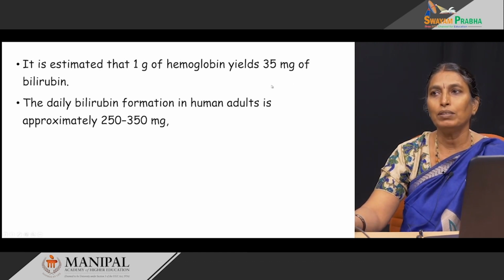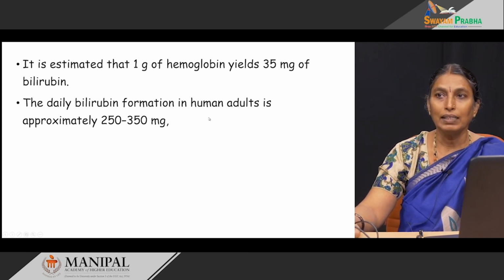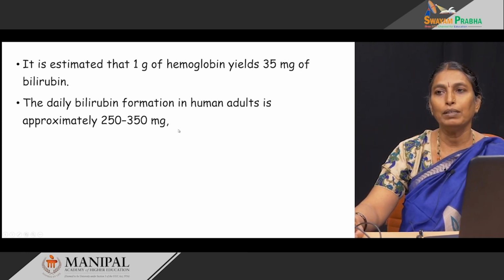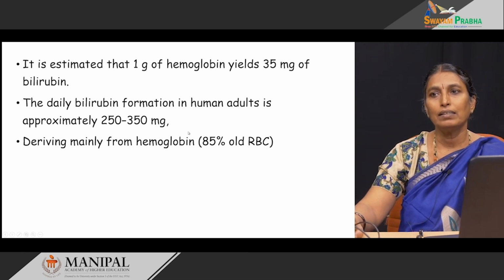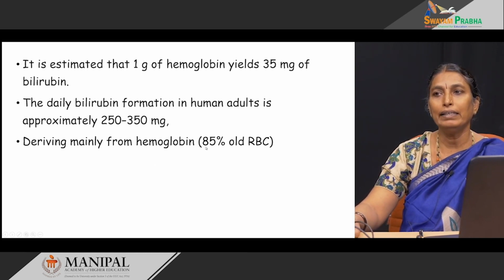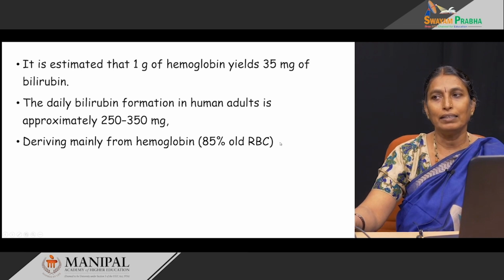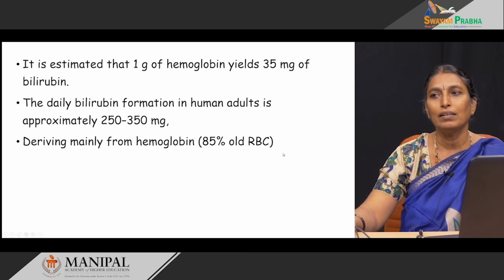So, 1 gram gives 35 milligram of bilirubin, so 6 gram can give nearly 250 to 350 milligram of bilirubin per day. In this, the majority of the heme comes from hemoglobin, that is 85% from old RBCs. They finish their lifespan and have to be removed from the circulation.